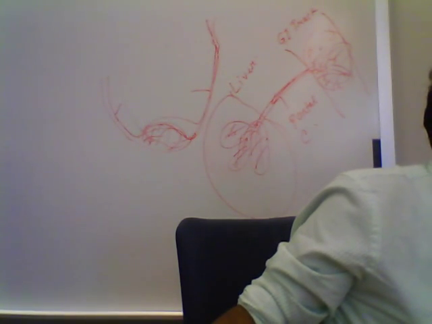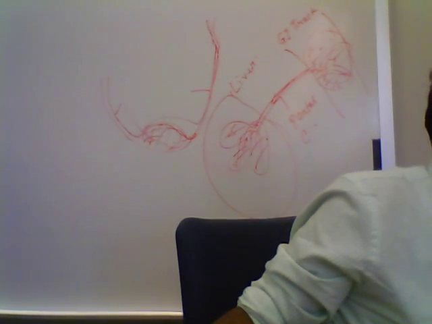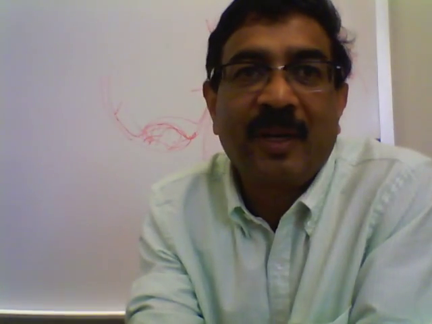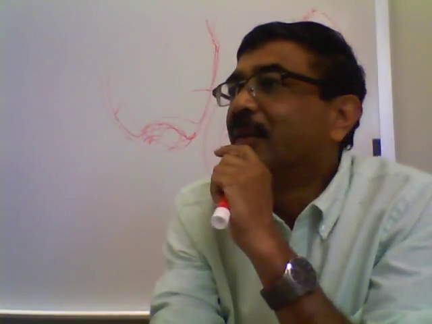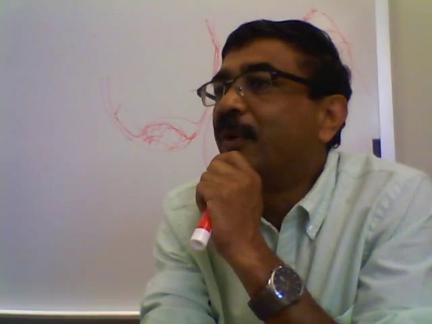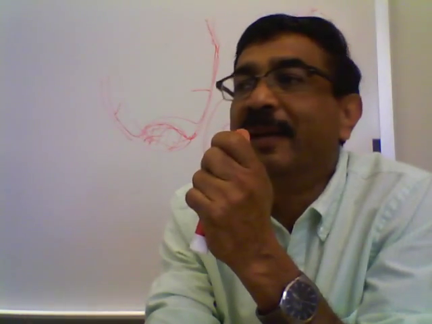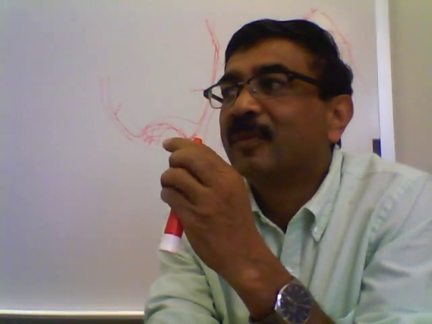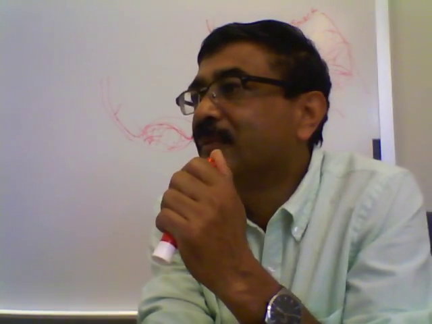You see there, hepatic portal vein, this one. So from the stomach, which vein? Stomach means what? Gastric. Gastric means stomach, right? So gastric vein. Which one from the small intestine? Superior.